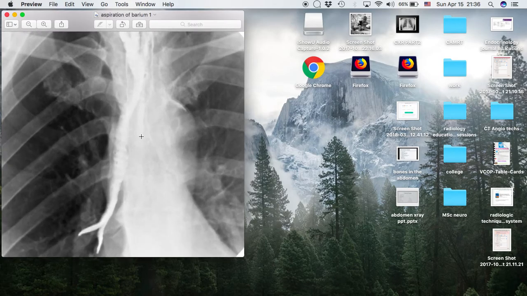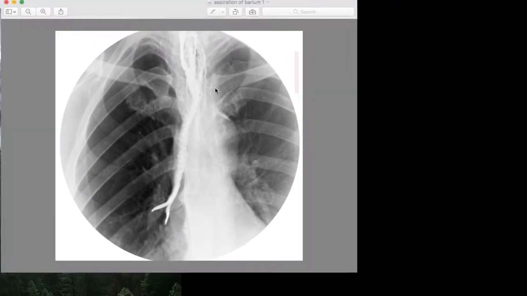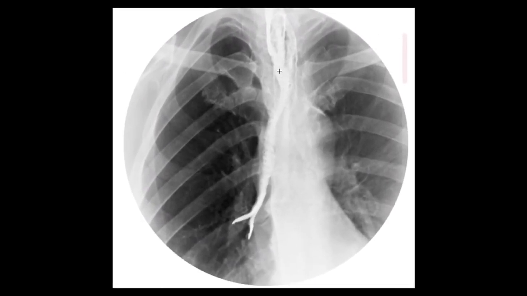So this is a patient that underwent an oral contrast examination of barium and got aspirated within the chest. This is a very dangerous case actually, when barium, which is a heavy toxic metal, is aspirated within the respiratory system. You can see right here down the trachea and the contrast going in the main bronchus.